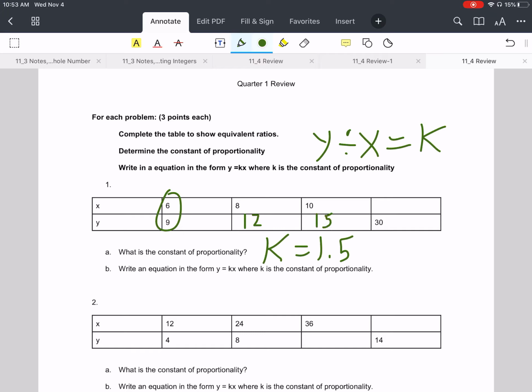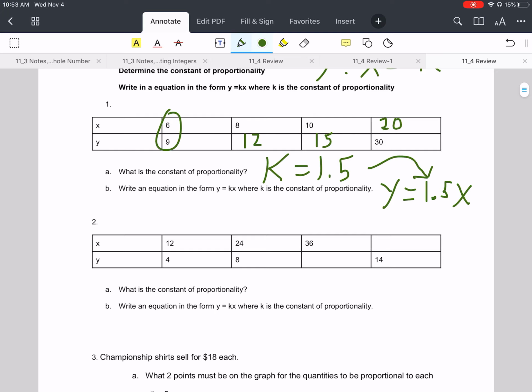And when we have a y value of 30, we can divide by 1.5 and get 20. So our equation is y equals 1.5x. So our constant of proportionality goes here into our equation.